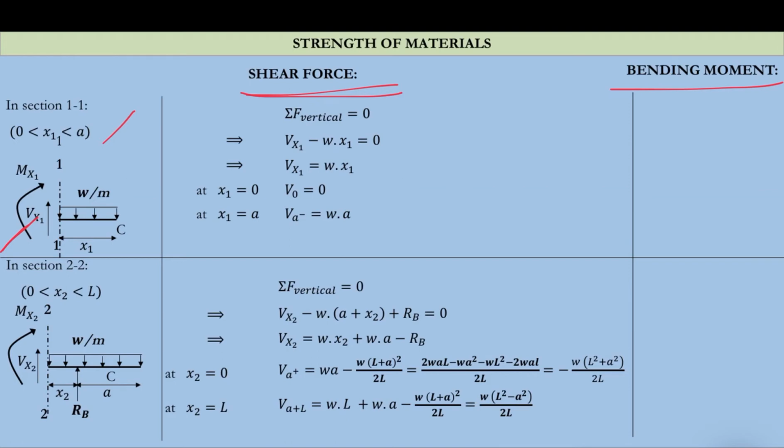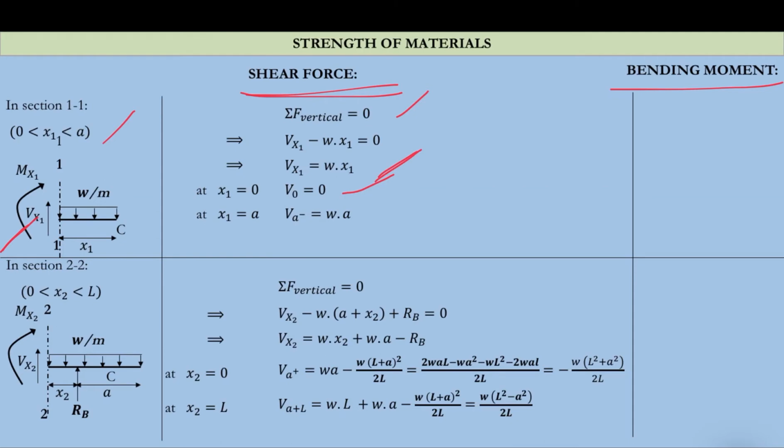Summation of all the forces is taken as 0 for equilibrium. So Vx1 is coming as W into x1. It is quite obvious: only the UDL is there, so the shear force will vary as the UDL varies. At point C, x1 is 0, so the shear force is 0.